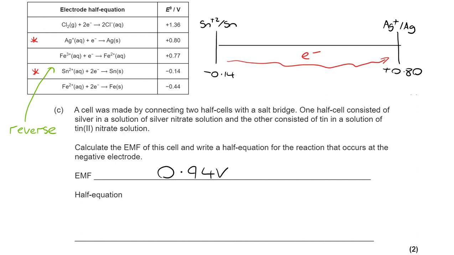Whatever is on your number line on the left-hand side, we will reverse the half equation that's been provided. It will always be the reduction half equation on the right-hand side, but we need the oxidation half equation on the left-hand side. So I am going to take my Sn2+ + 2e- goes to Sn, and I'm going to reverse it.